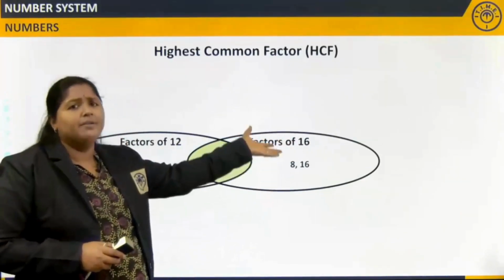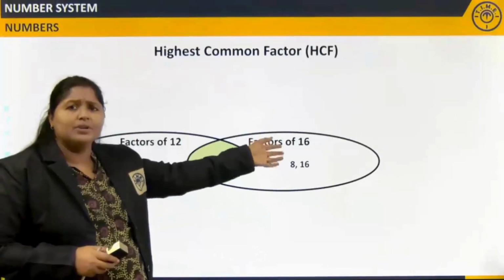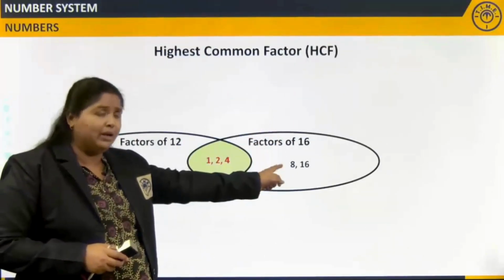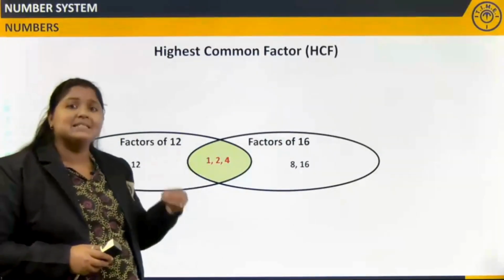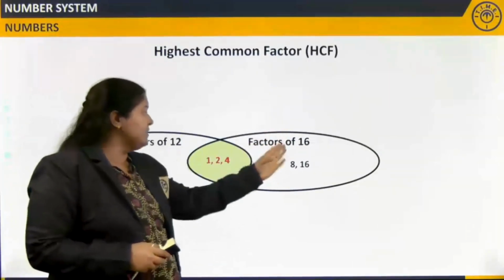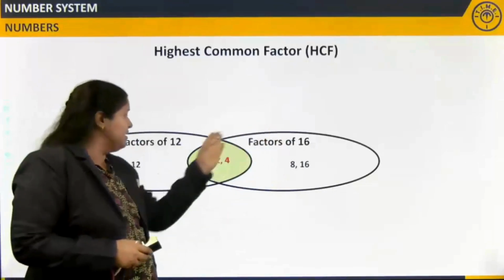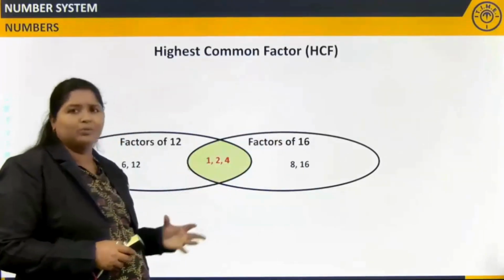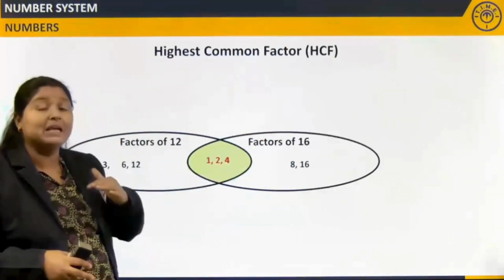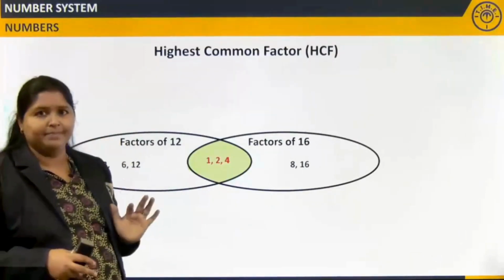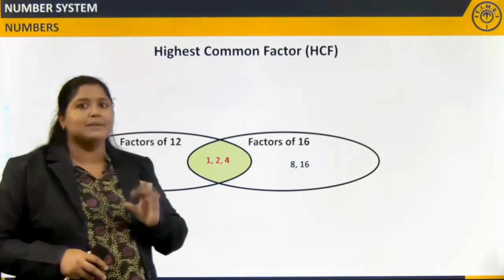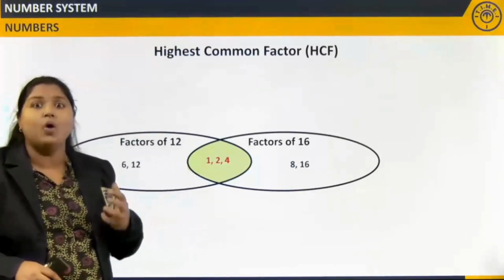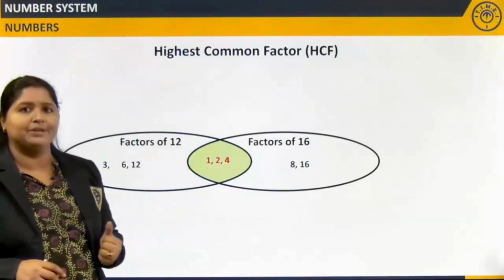These are factors of 16, right? Like I told you earlier, 8 completely divides 16. That is, 16 is divisible by 8. 16 is divisible by 16. 16 is divisible by 1, 2, 4. That's why you can also call it GCD, greatest common divisor. Okay, so I hope the concept is clear. Now let us look at some problems to understand how to find the HCF of given numbers.